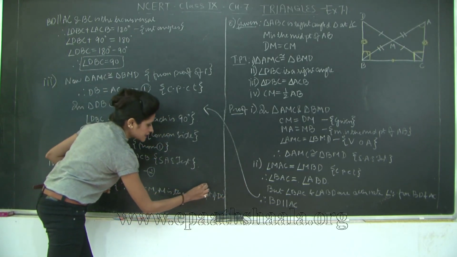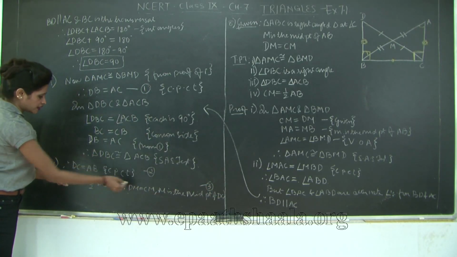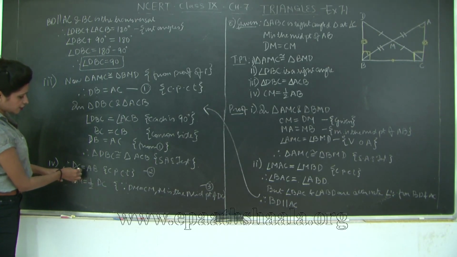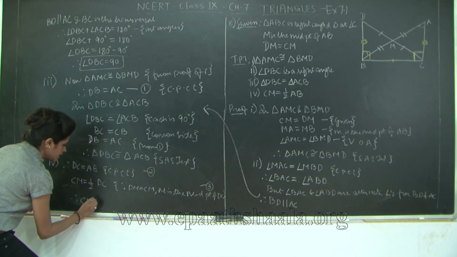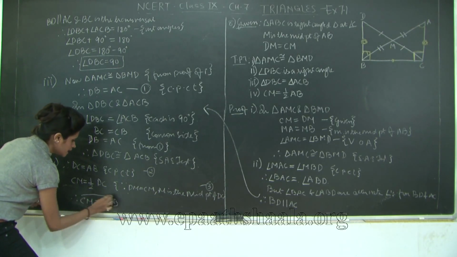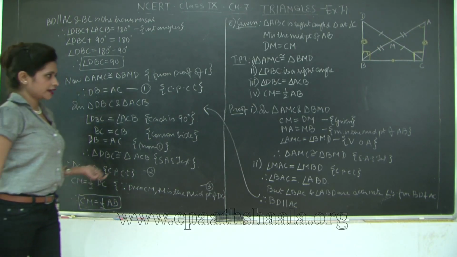And I'll mark this as 3. So from 2 and 3, what do I get? We have DC over here. Instead of DC, I can write AB. Therefore, CM is equal to half of AB, using which axiom: equals that are equal to the same thing are equal to each other, right?